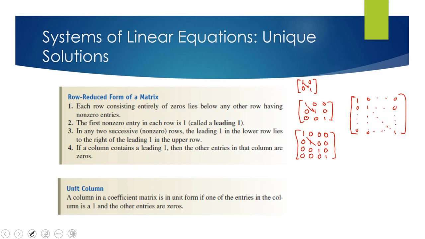They show it like that, showing that you're going to have a diagonal of ones and all the other row and column entries are going to be zeros. That's what they call row-reduced form, and that's what we want to end up with on the left-hand side, because remember, each column usually represents a variable. So if I have 1x, 0y, 0z equaling a number, well, that means that x equals that number.